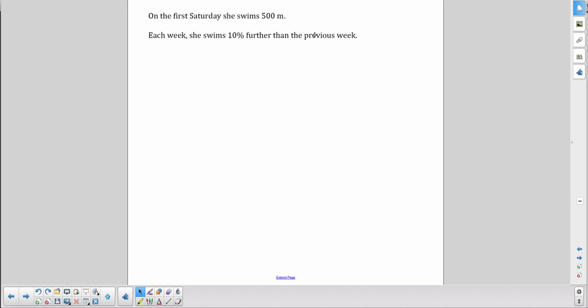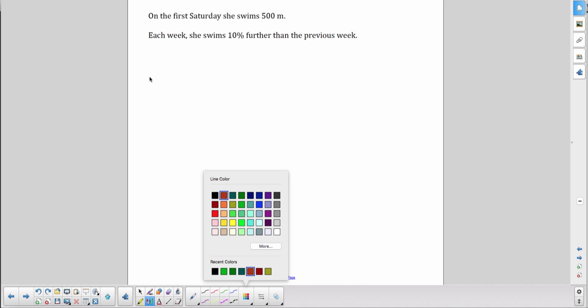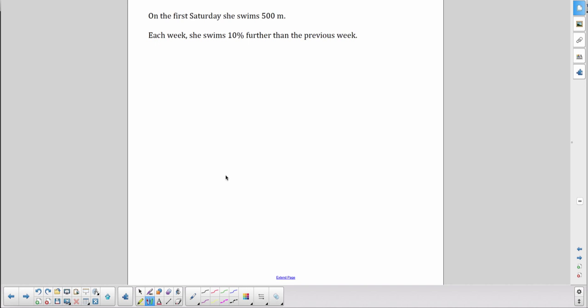So on the first week, let's call it week 1, she swims 500 meters. On week 2, she swims whichever she does in week 1 plus 10% of 500 meters.